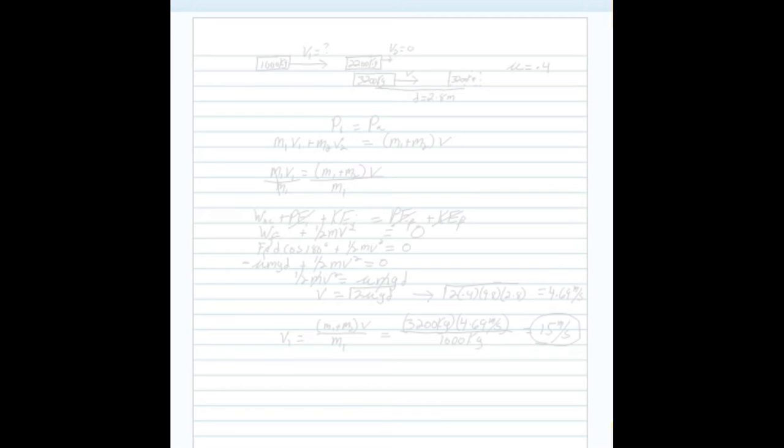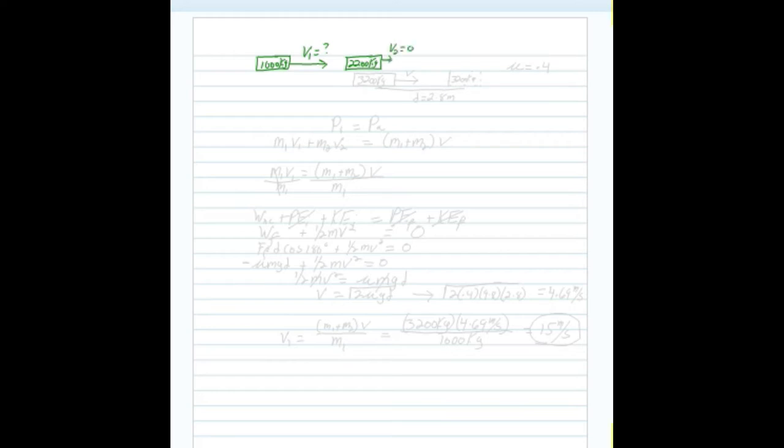Okay, so here we have a 1,000 kilogram Toyota moving at some speed which is unknown. We'll call that V1. And it crashes into a Cadillac that's 2,200 kilograms, which was not moving. So V2 equals 0.